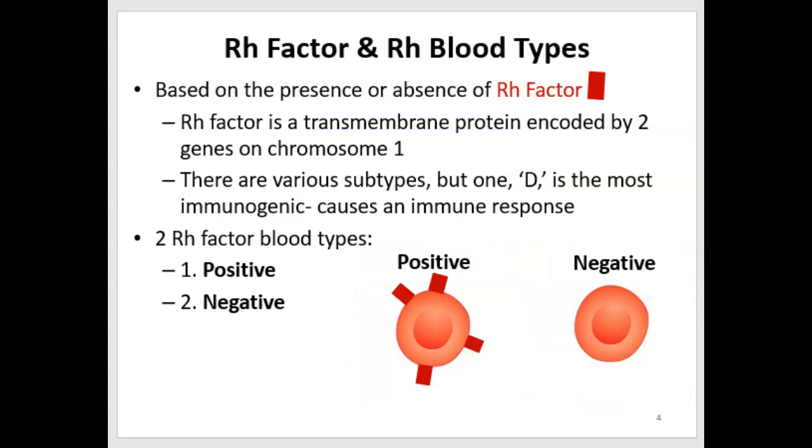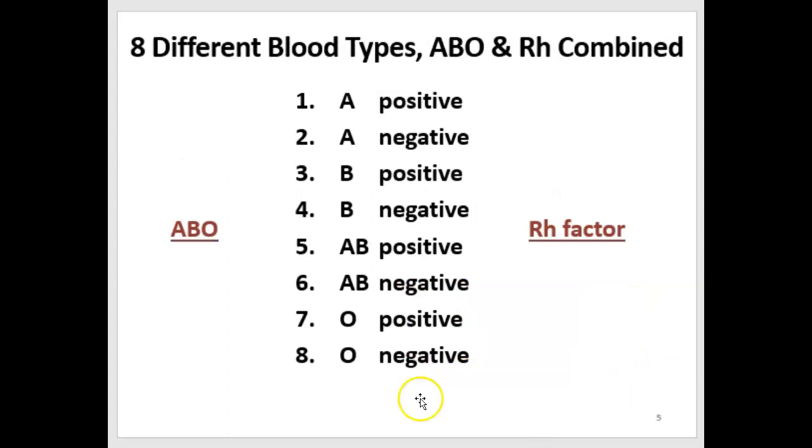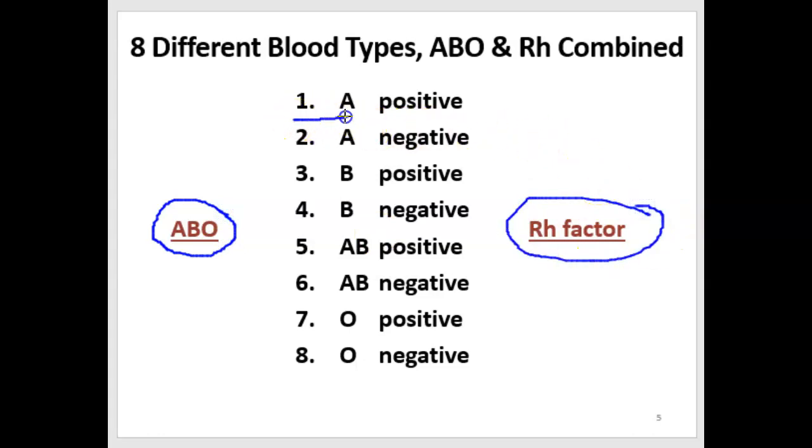So that leaves us with 8 different types of blood if you consider both blood antigen groups, the ABO combined with the Rh factor. Somebody could be type A blood and either positive or negative, depending on the presence or the absence of Rh.